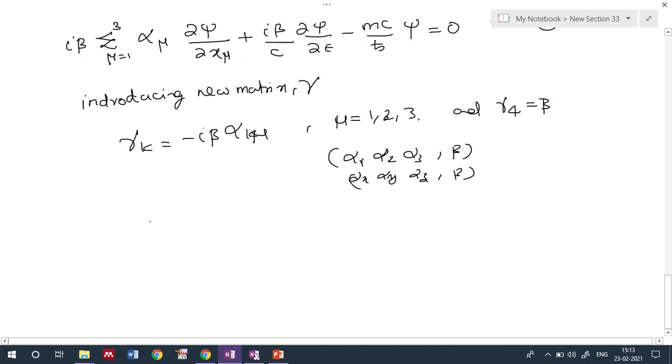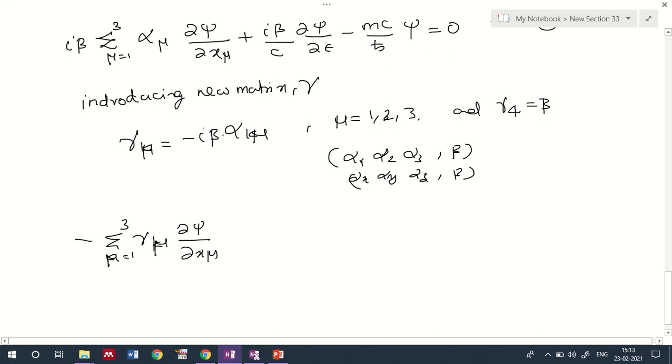Okay, so with that, if you go with the equation in that form, minus the sum over mu equal to 1 to 3 of gamma k dou psi by dou x mu, sorry, again I am putting k here, it should be mu, right?